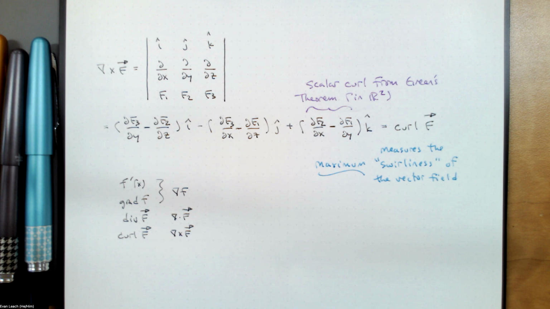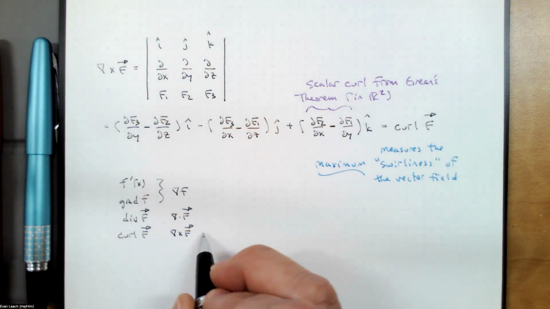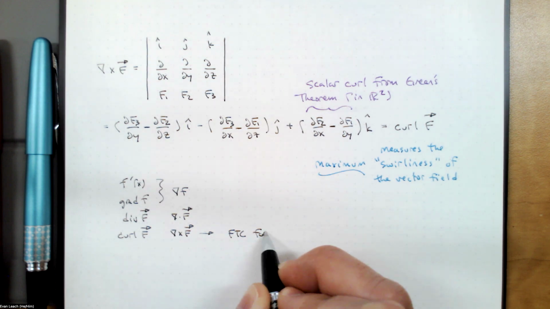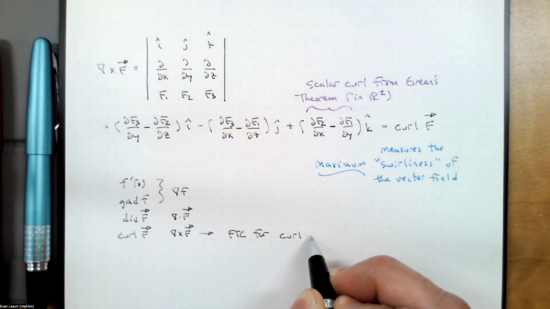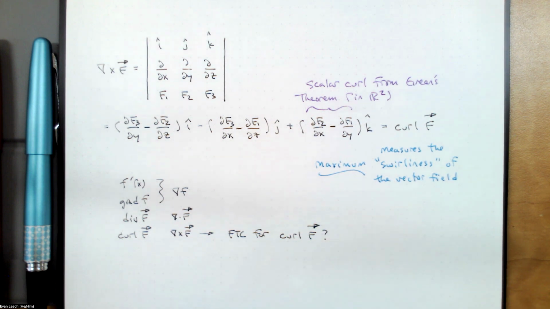Since scalar curl is a derivative, it is going to show up in a fundamental theorem of calculus. There is going to be a fundamental theorem of calculus for the curl.